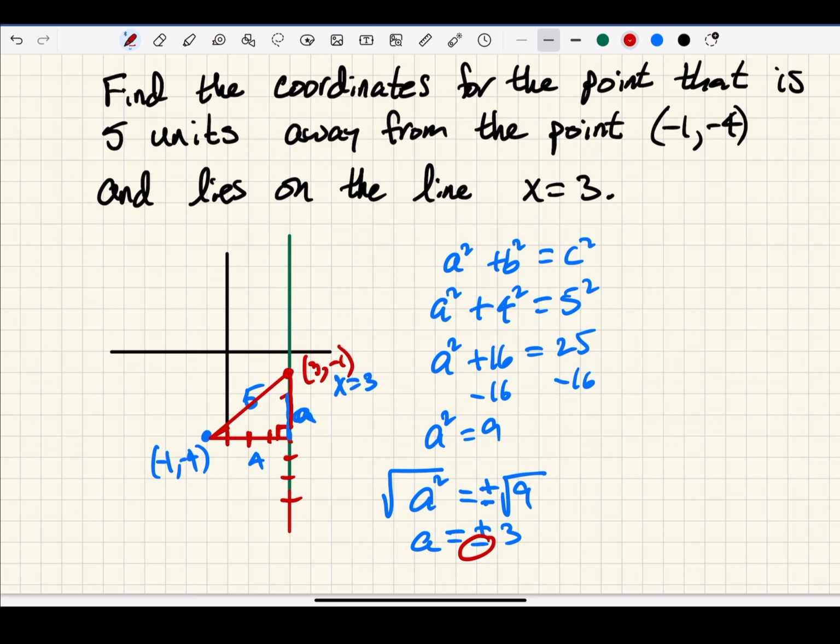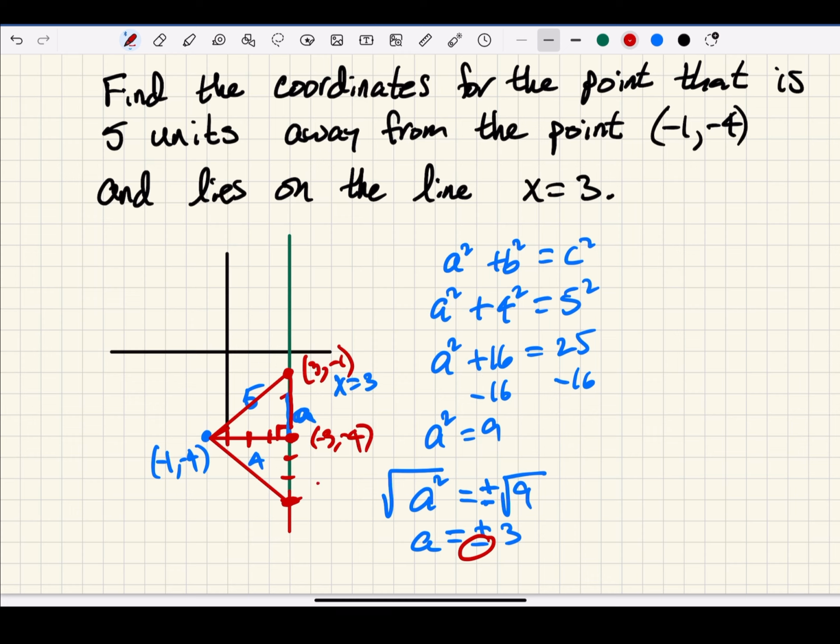Now, distances can't be negative, but it looks to me like what this is saying is that we could add 3 to the y-coordinate of this dot, which would be 3 minus 4. Or we could subtract 3, and we would wind up with the exact same mirror image of that triangle.